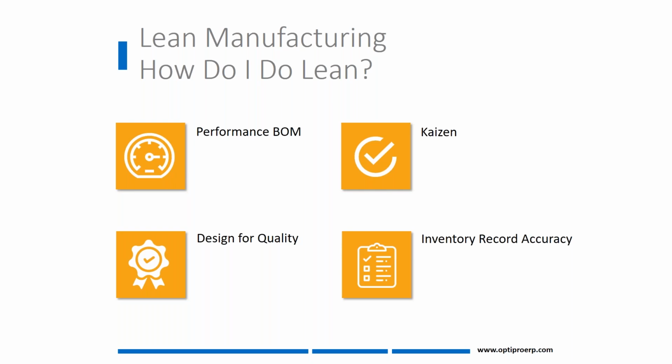Okay. Design for quality. Again, design for quality is understanding what quality is. Quality is more than just the quality of the component. It's the quality of your manufacturing processes. It's the quality of your design. It's understanding the true functional requirements of your product and building in the tolerances that you need for quality, not the tolerances that you need to compensate for other vagaries in your processes.